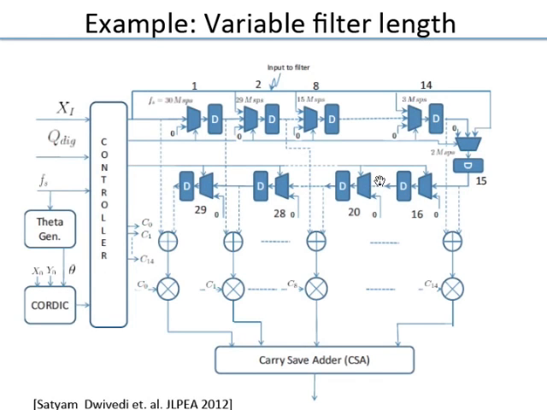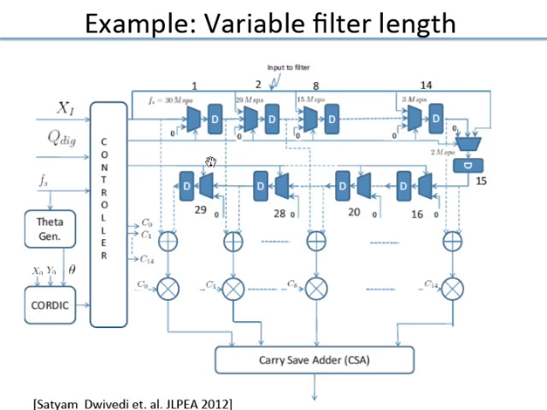As an example, here is a filter whose tap length is adjusted. Maybe depending on the actual condition, instead of using a very large tap length and very sharp cutoff, he finds that he can have a slow roll-off for that filter. So then he wants to use a smaller number of taps.